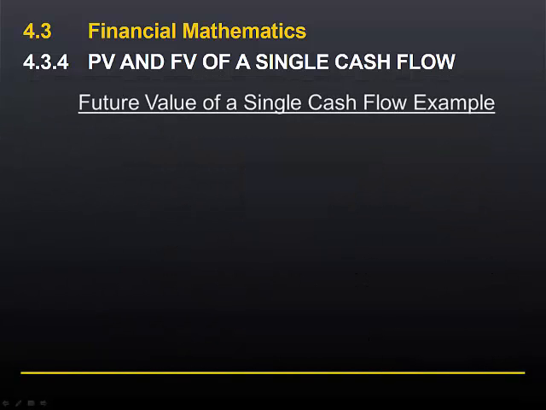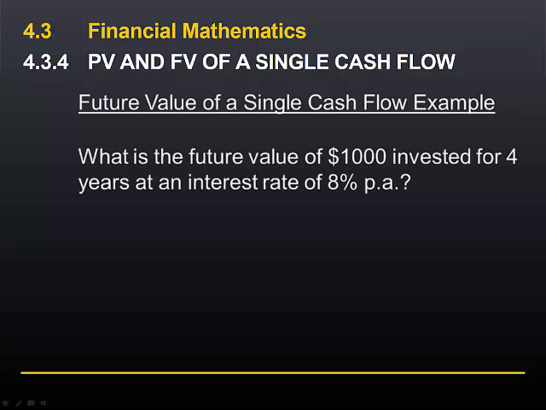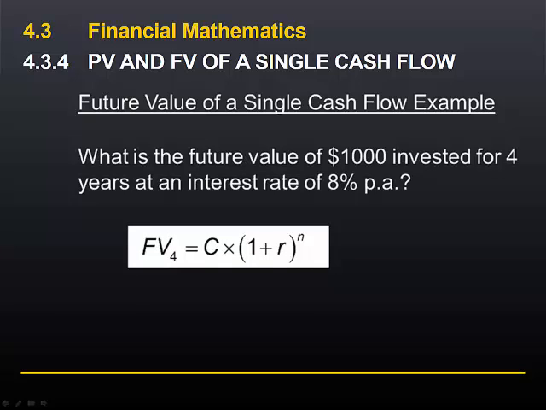Let's use an example to illustrate the use of this formula. What is the future value of $1,000 invested for 4 years at an interest rate of 8% per annum? This is the formula we need to use.